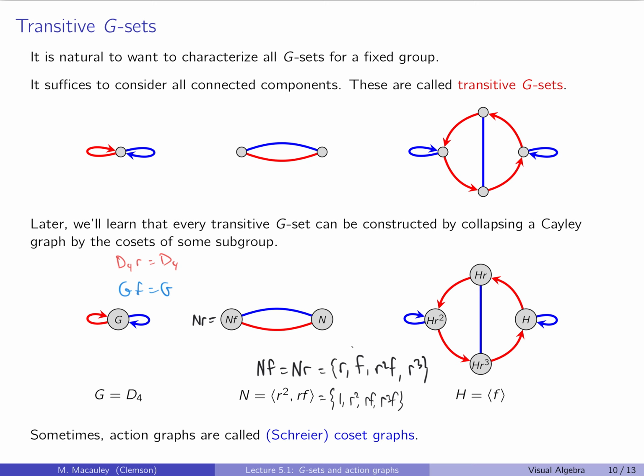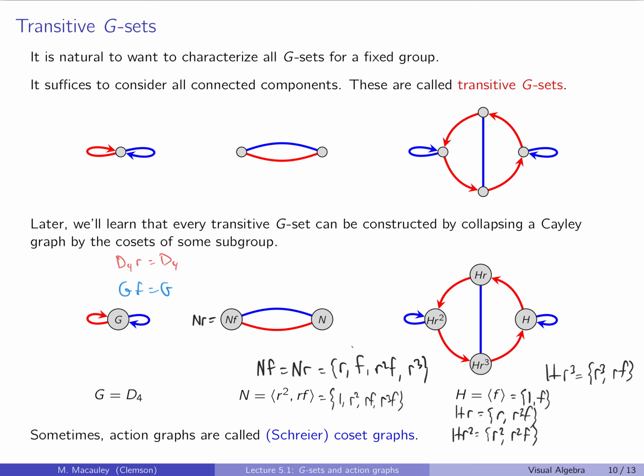Finally, over here, if H is the subgroup generated by F, which is 1 and F, then HR is R and R cubed F. HR squared is R squared and R squared F. And then HR cubed is R cubed and RF.